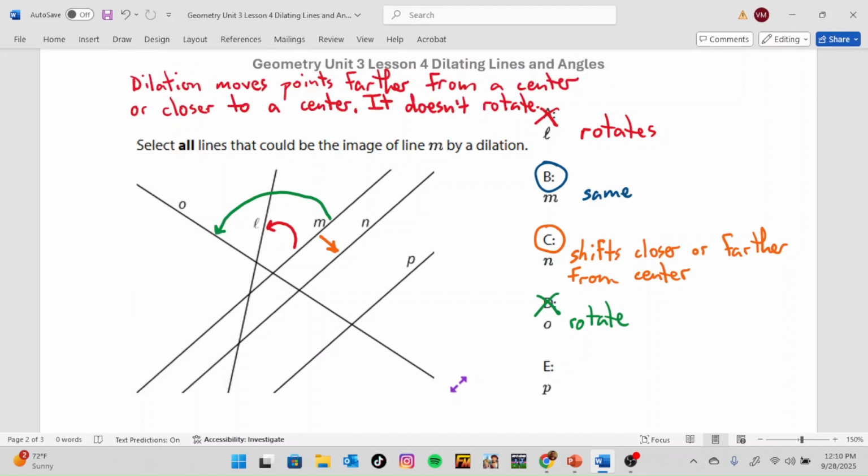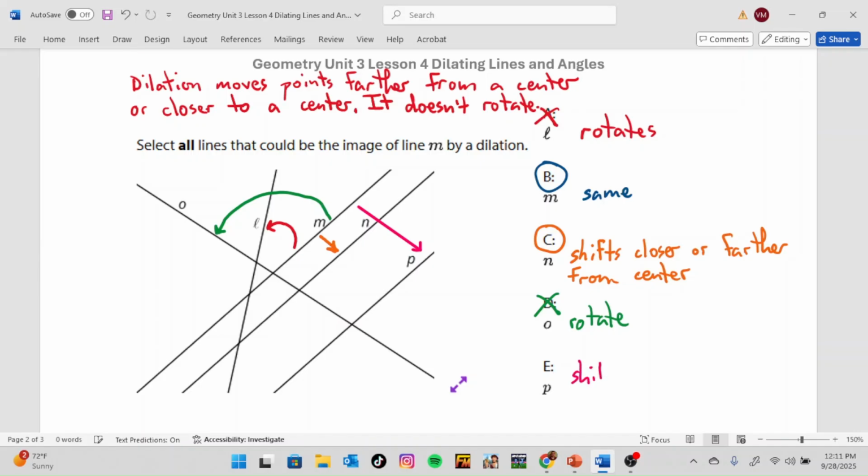And our last option is P. If I wanted to go from M to P, this is just a straight shifting. If my point for my center is somewhere up in this upper left, then we moved it farther away. If my center is somewhere down here in the bottom right, then we moved it closer, but we didn't rotate.